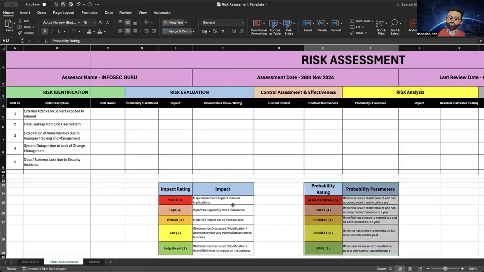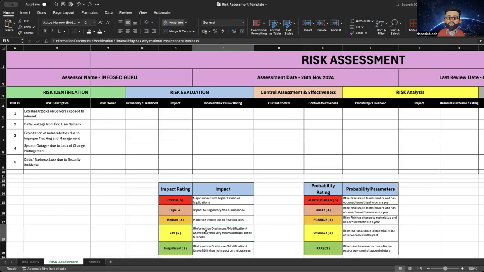In the impact, if the information disclosure, modification, or unavailability has no impact on the business, then it would be insignificant. Everyone knows in information security, everything is measured on the CIA triad, that is confidentiality, integrity, and availability. In a similar way we'll measure the impact.